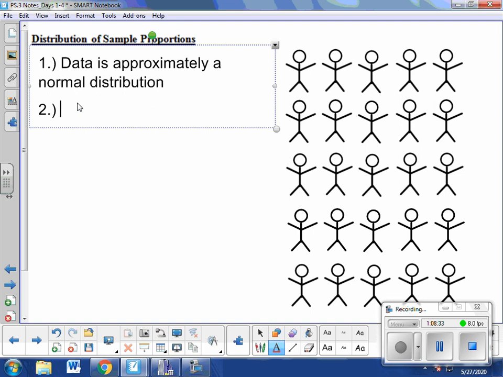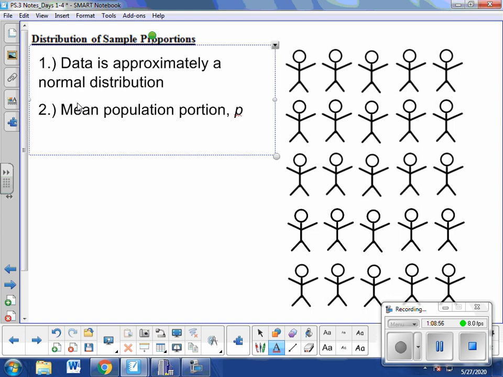Maybe not exactly, but the closer the better. The second thing is a mean population proportion, which we call P. The average proportion of the population is going to be P. It's going to be a set number.